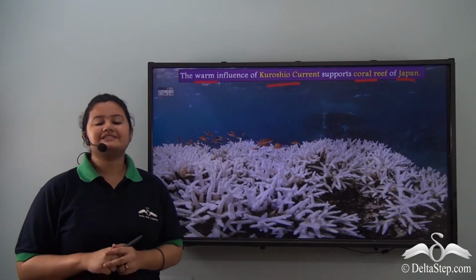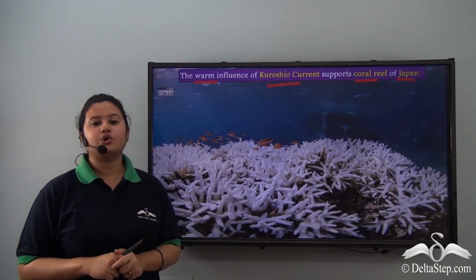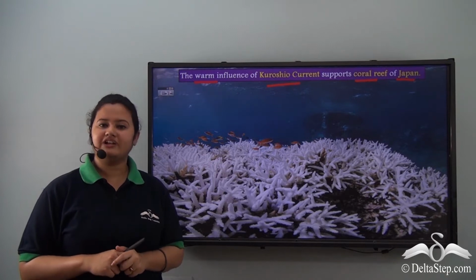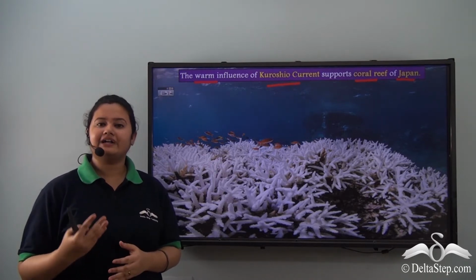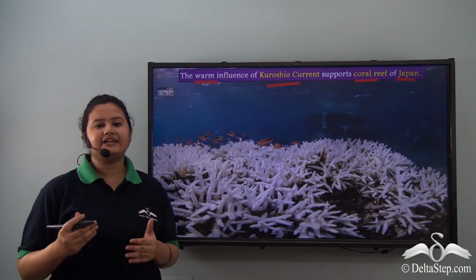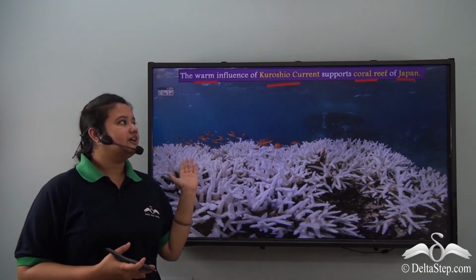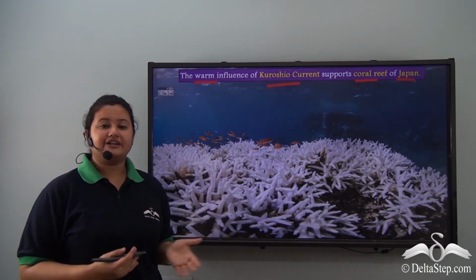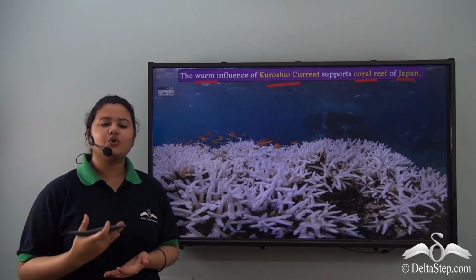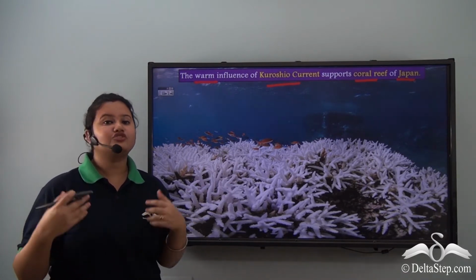This warm water is very helpful because coral reefs cannot tolerate a temperature lower than 18 degrees Celsius. So a warm current like the Kuroshio current benefits the coral reefs to survive and thrive.